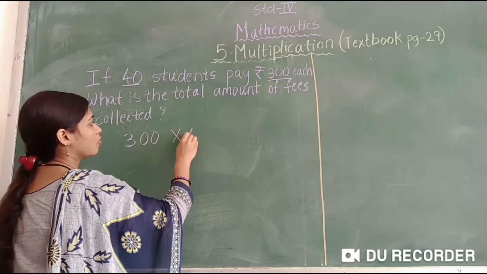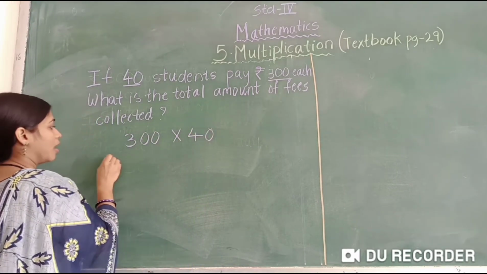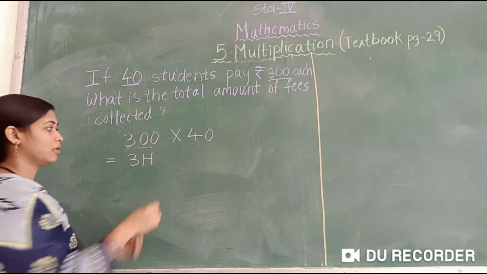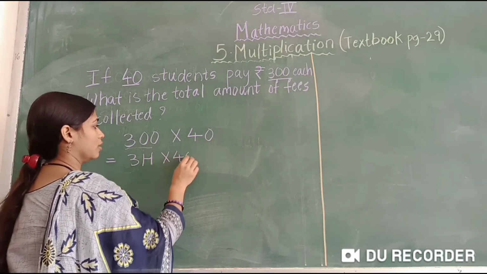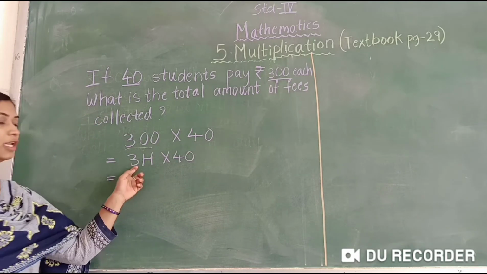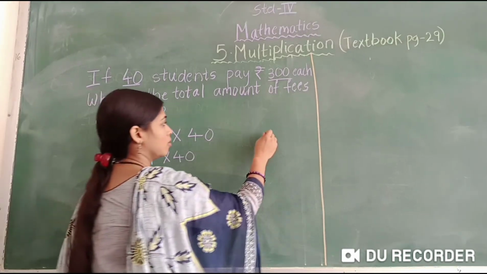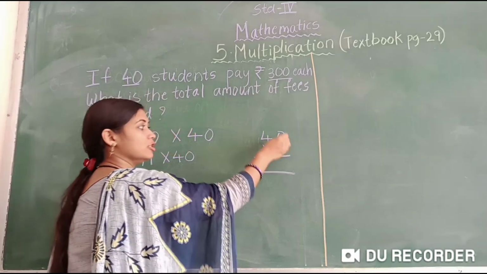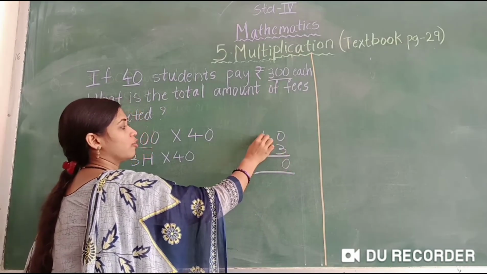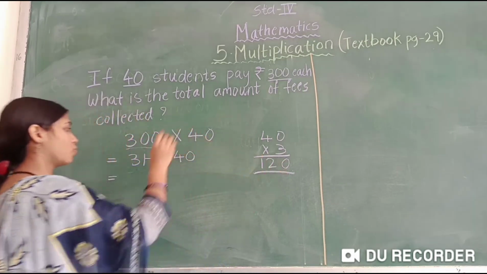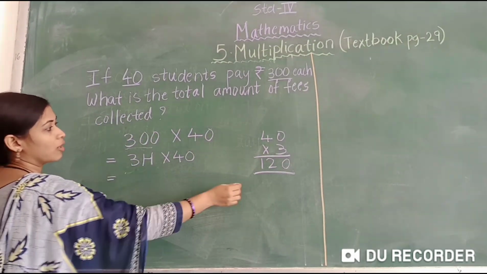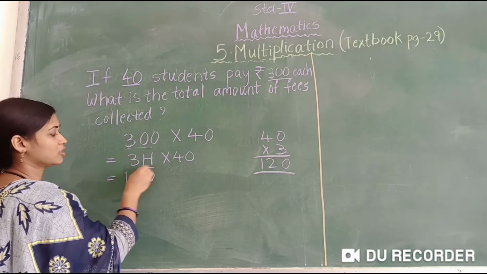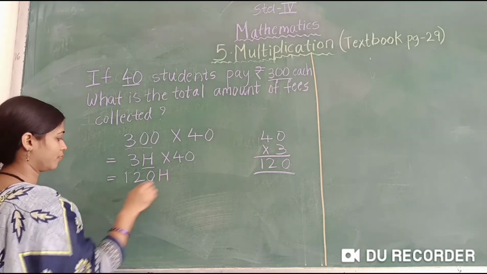How do you write 300? That is 3h and 40. Now 3 will get multiplied by 40. What is 40 multiplied by 3? 3 zeros are 0, 3 fours are 12, that is 120. Therefore, the answer we got here is 120. And this h will be written here.